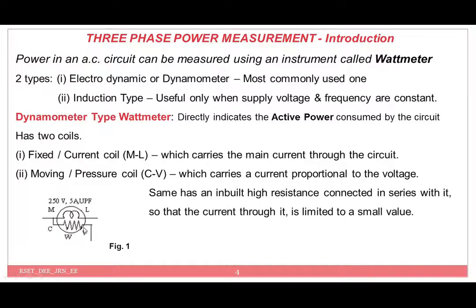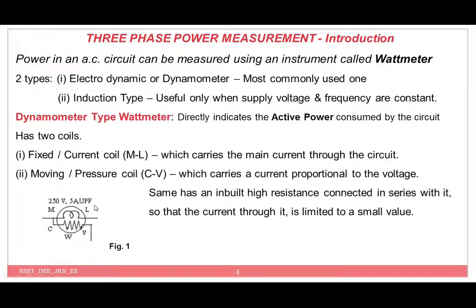So CV represents my pressure coil, represented as a resistance. The coil is not shown over here. In some books you can see a coil drawn along with the resistance, so that the current through it is limited to a small value. So you have an inbuilt high resistance which limits the current through it to a very small value.